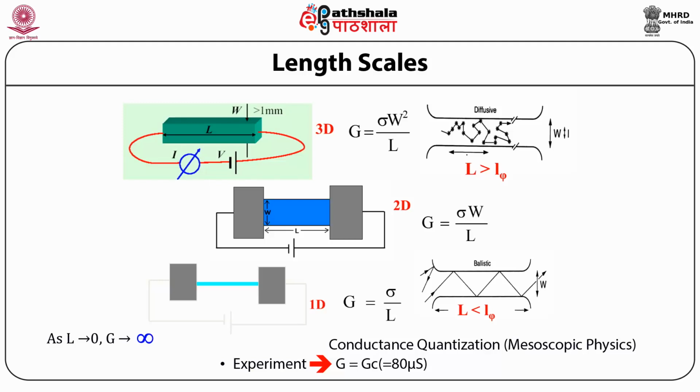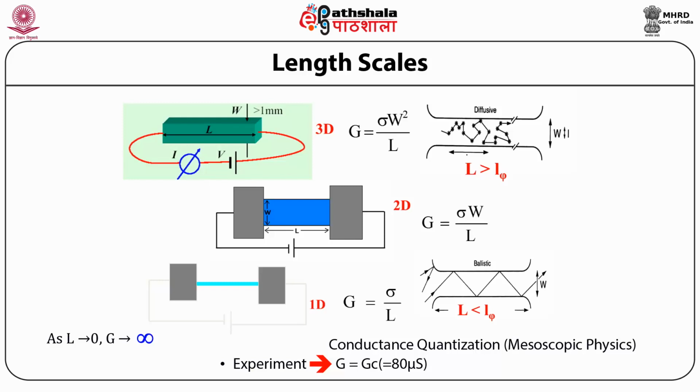In a mesoscopic conductor, however, an electron typically travels the entire length of the system without undergoing phase-breaking inelastic collisions.